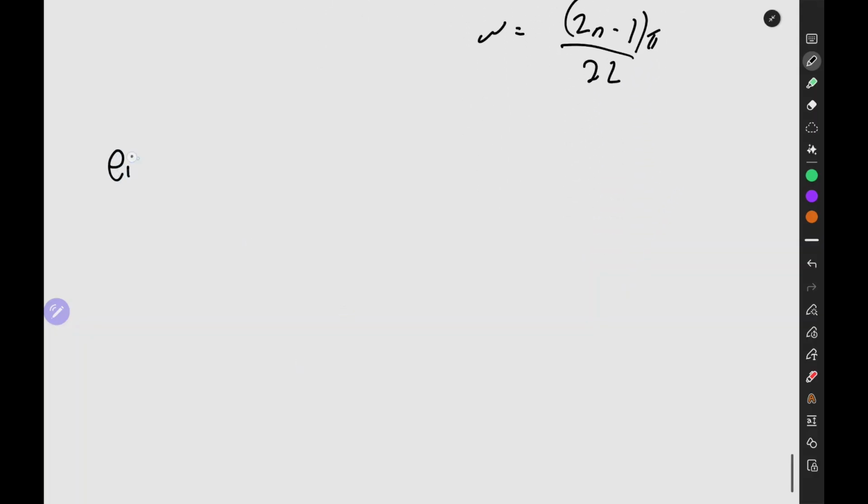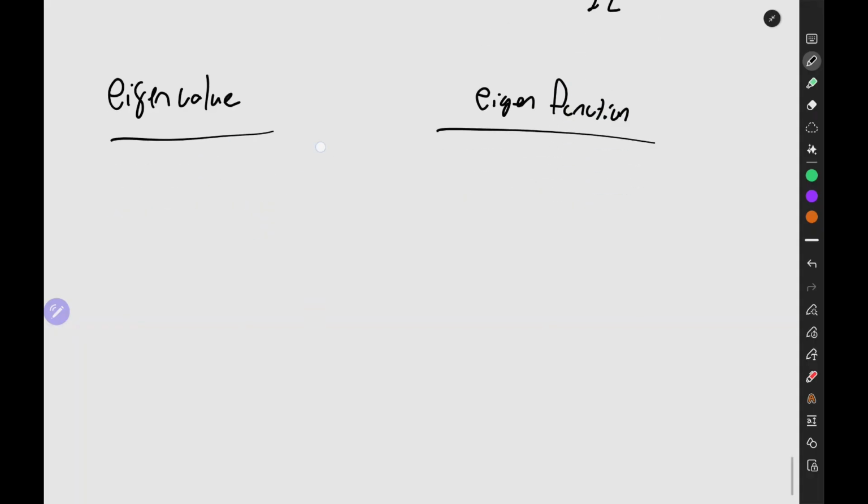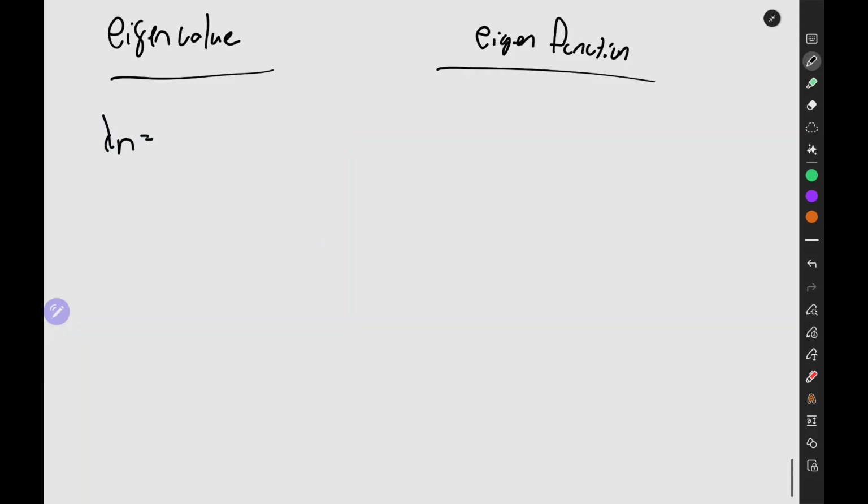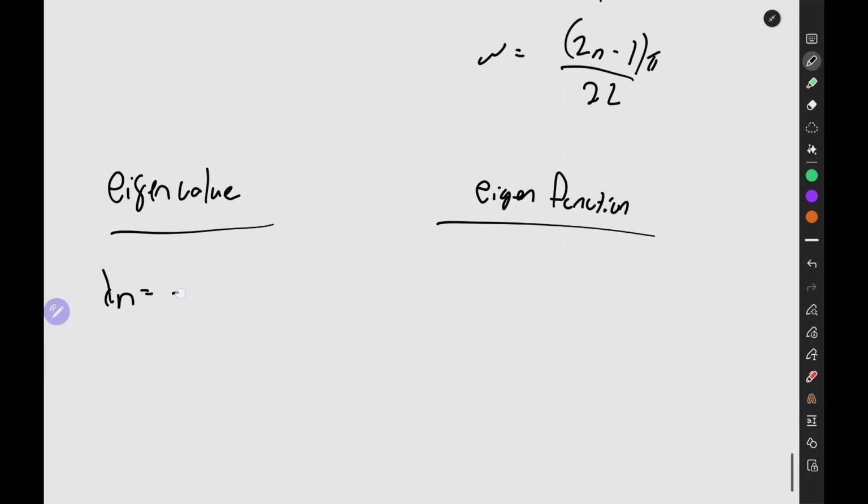So then our eigenvalue would be, it's negative, so negative 2n minus 1 squared pi squared over 4L squared.